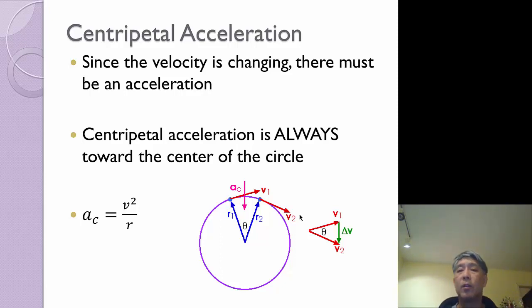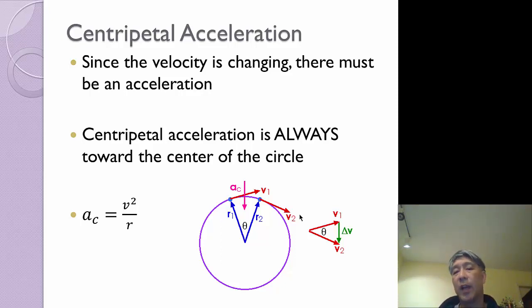When we're talking about circles and uniform circular motion, we actually have a second formula to help us solve for that acceleration. The diagram in the lower corner shows you that acceleration is given by v final minus v initial over delta t. So that's basically change in velocity divided by the change in time. And clearly with my two different velocity vectors, v2 and v1, I do have a delta v.